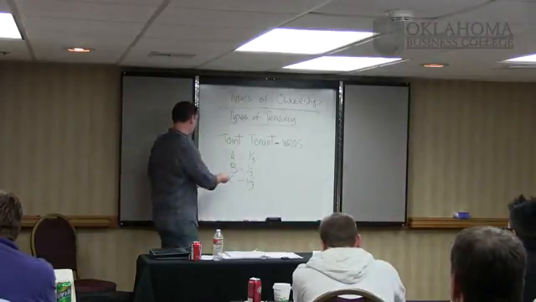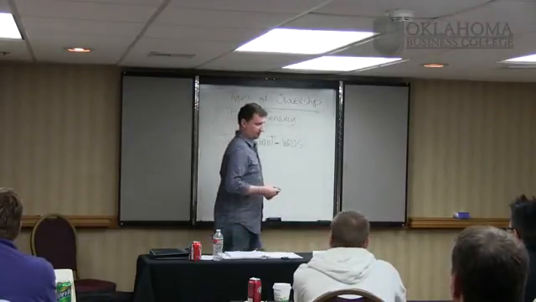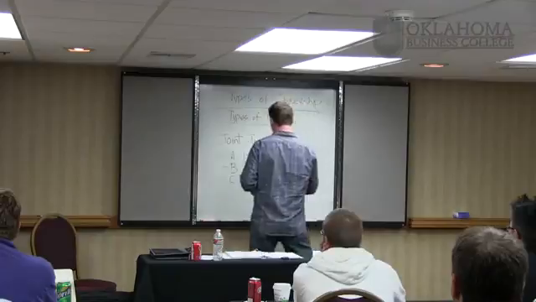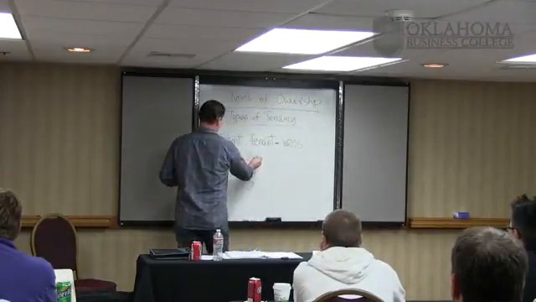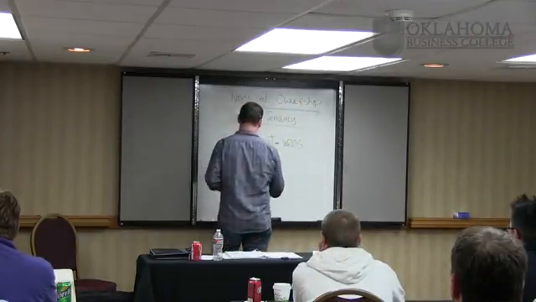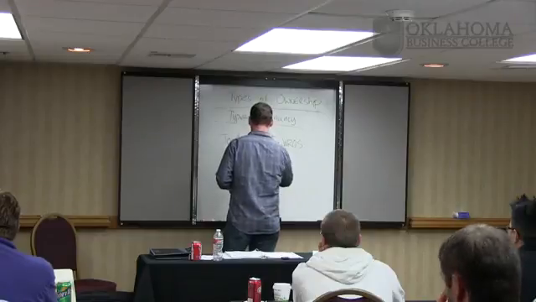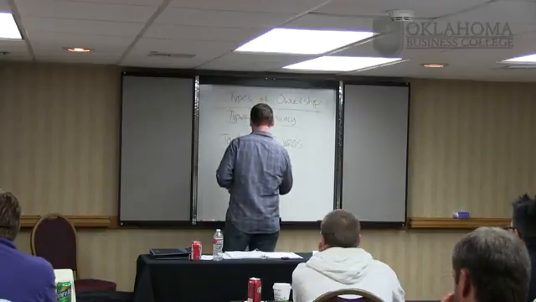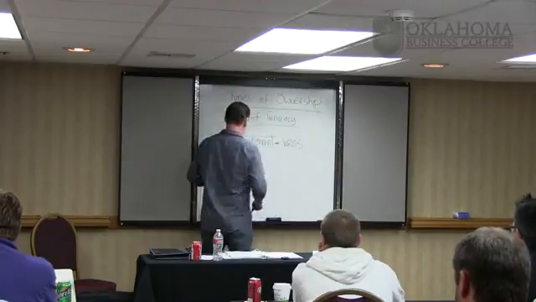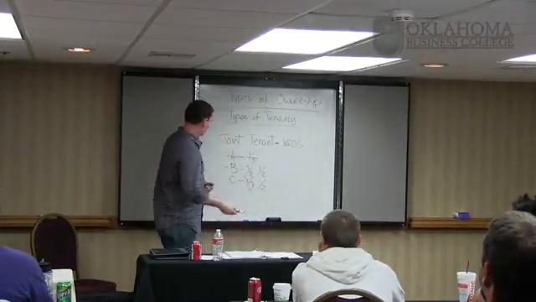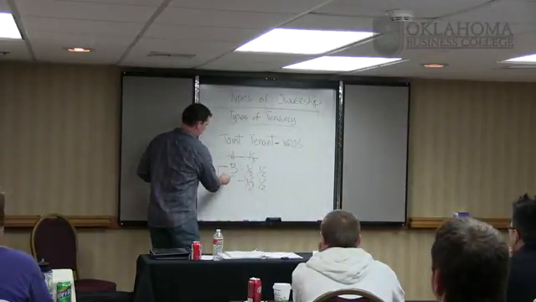Parties A, B, and C are joint tenants. They all share rights of survivorship. Party A dies. Parties B and C are still joint tenants. Now they have a half.